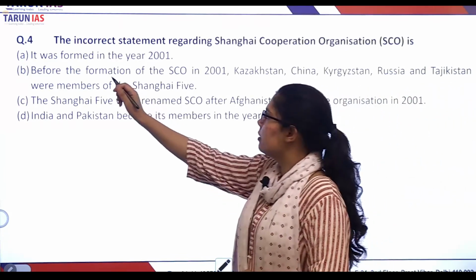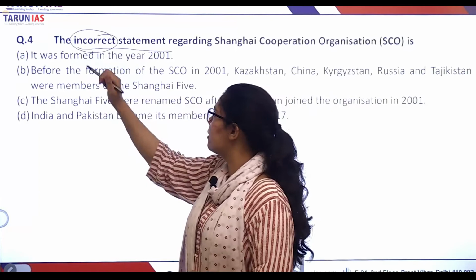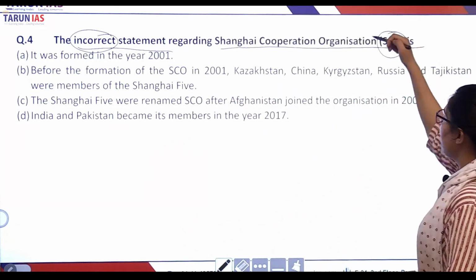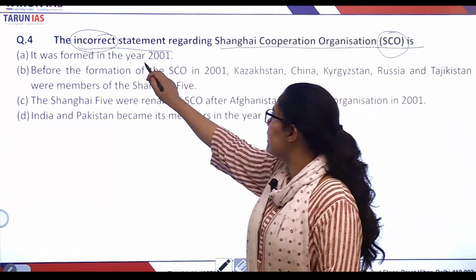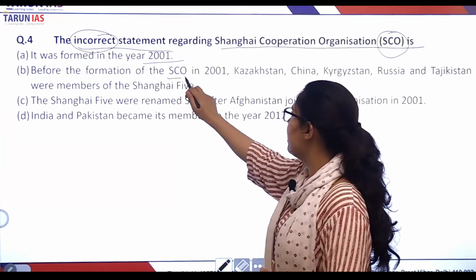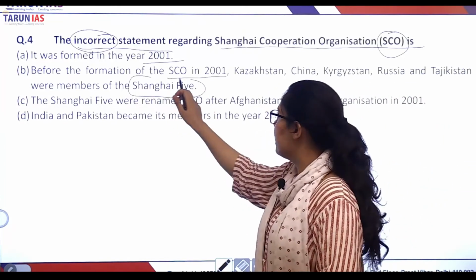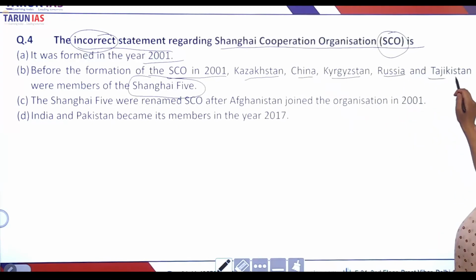Now, the fourth MCQ says the incorrect statement, mark the word incorrect, regarding the Shanghai Cooperation Organization. It was formed in the year 2001. Before the formation of the Shanghai Cooperation Organization in 2001, the members were the Shanghai Five, that is Kazakhstan, China, Kyrgyzstan, Russia and Tajikistan.